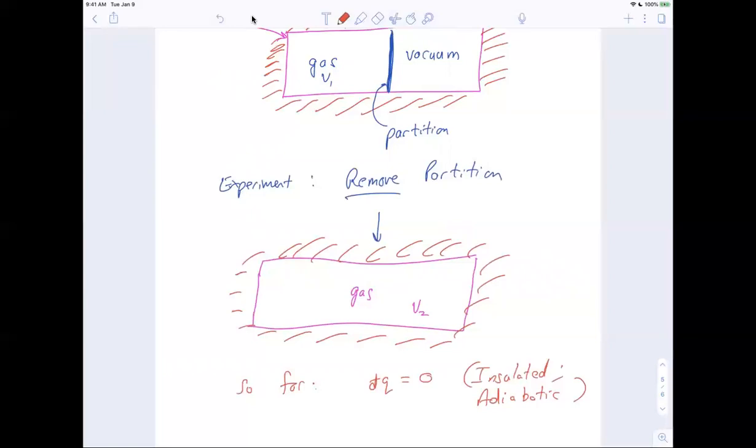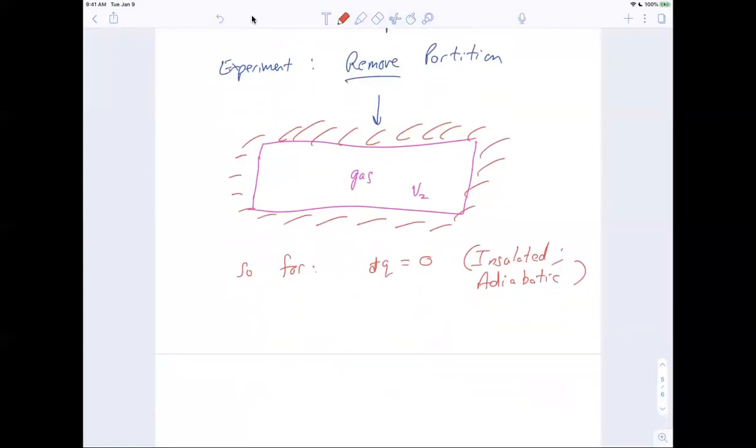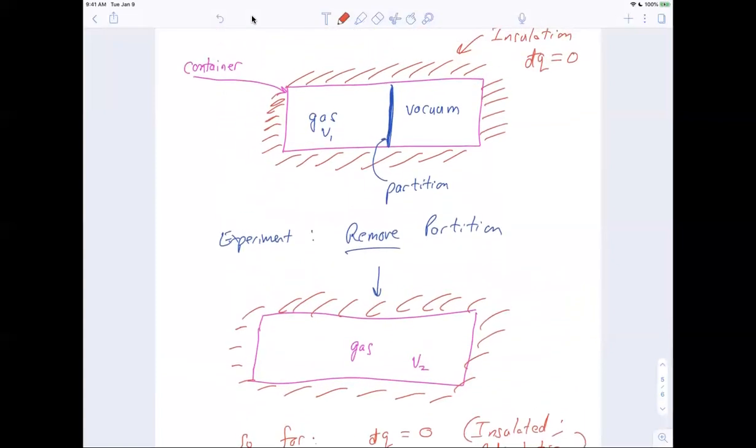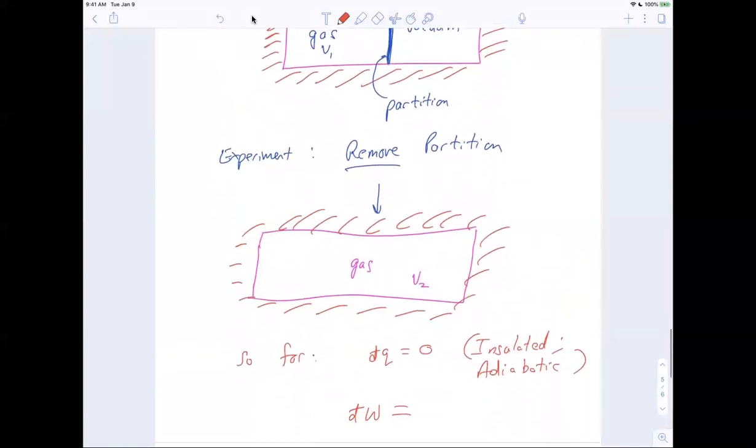Now I'm going to ask you all a question: what is dW? For this process, if you were to follow it over time, at any instant, if you were to have very small chunks of time, you could think about dW, this differential amount of work.